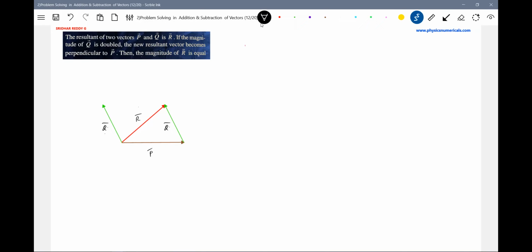Now first we'll write some equations. What is the angle between the vectors? This is the angle between the vectors, theta. So what is the equation?